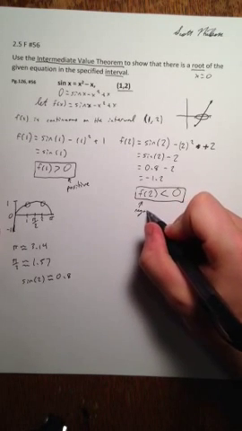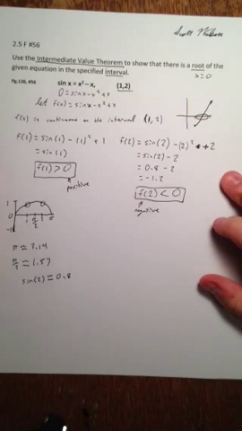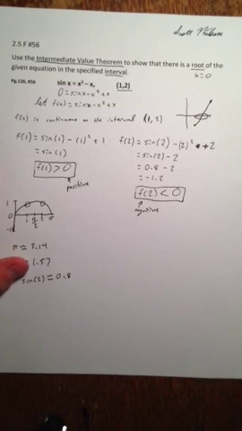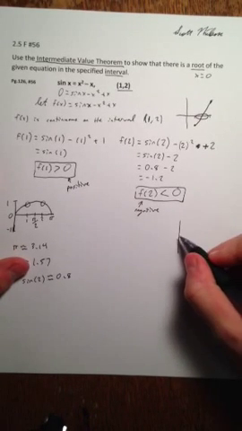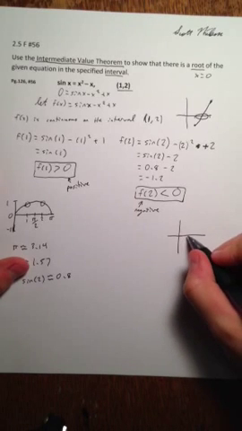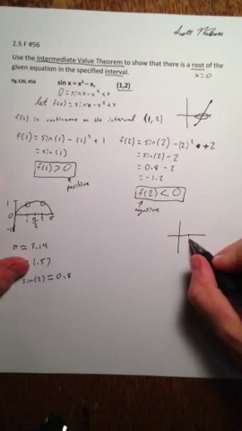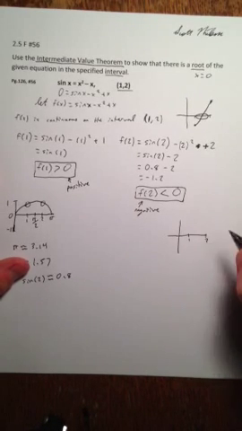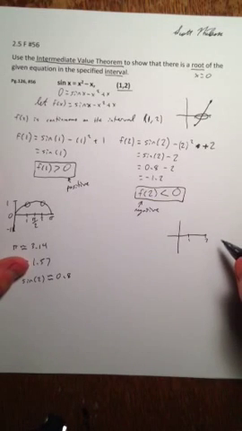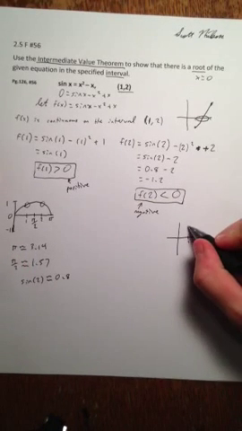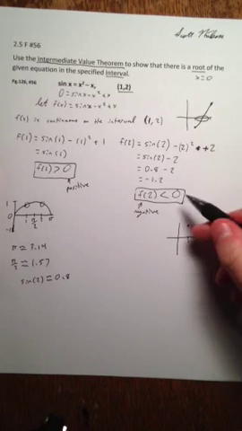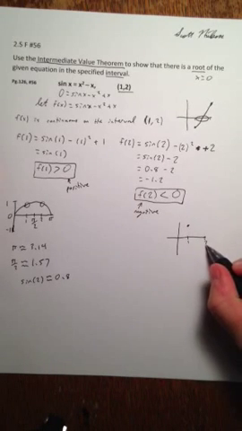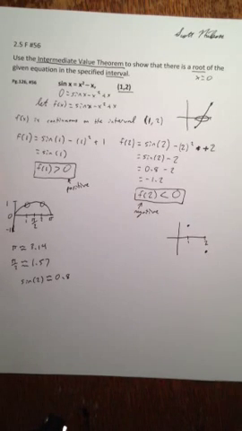Little arrow, negative. So what does this mean? Going back to the graph, we've got 1 here, 2 here. Since f of 1 is greater than 0, it's right around here. f of 2 is less than 0, so it's right around here.